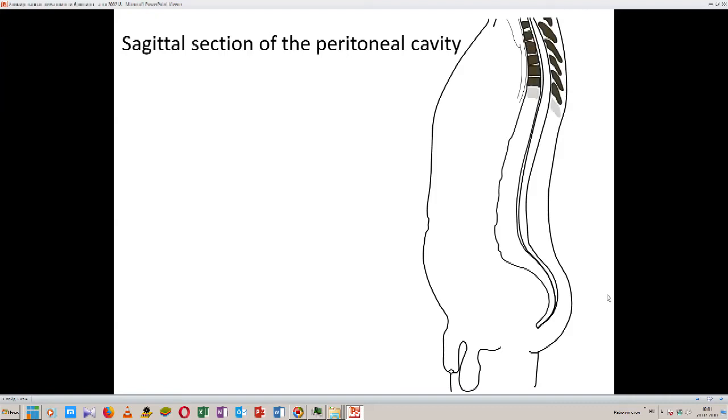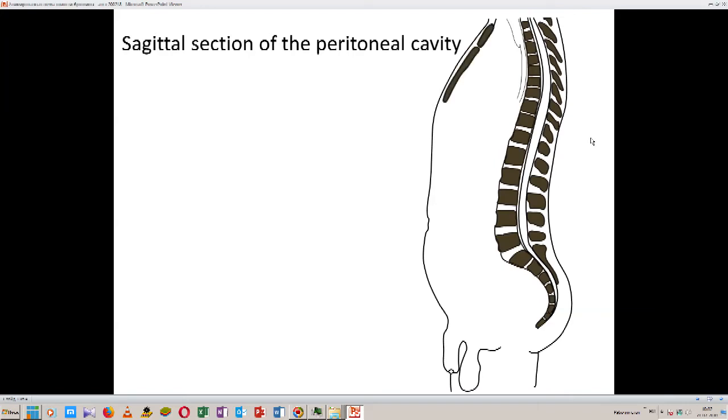Now you can see the spinal column and inside of it the vertebral canal. Now the sternum, which consists of two parts, manubrium sterni and corpus sterni. Processus xiphoideus isn't shown.